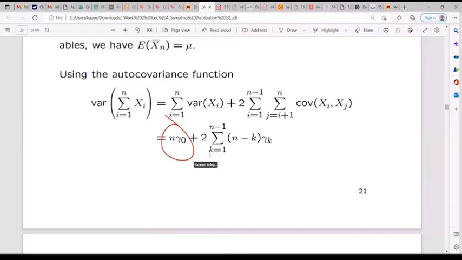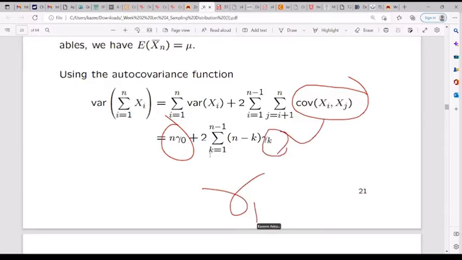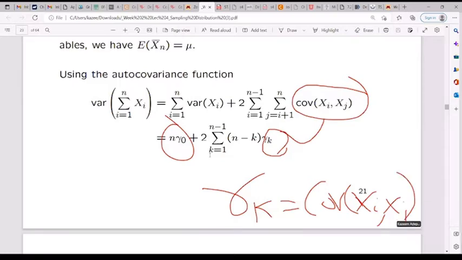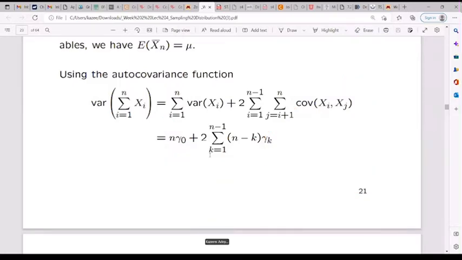Take a look at that. If you take a look at this, that is representing that. Don't forget I told you that gamma k is a notation for the covariance of xi and xj. And this here is n minus k. Look at that.